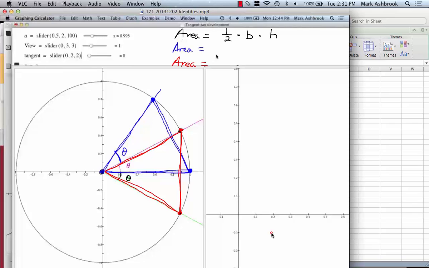What do you want? Let's put that 2 theta. Vertical distance above the horizontal diameter.